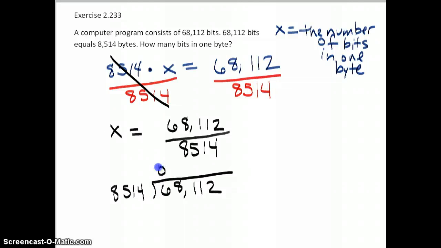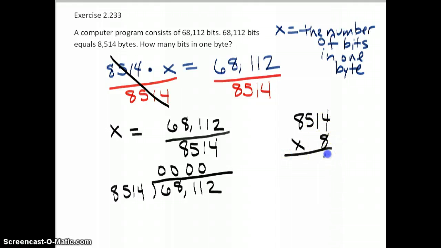8,514 doesn't go into 6, it doesn't go into 68, doesn't go into 681, nor does it go into 6,811. So I have to figure out how many times 8,514 goes into 68,112. Well, if I estimate, I'm trying to think about how many times 8 goes into 68. My first best guess is 8, so I'm going to try that. 8,514 times 8.